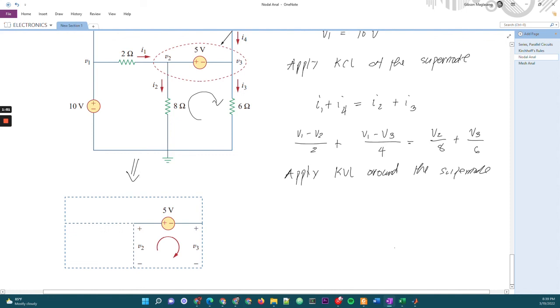So this is the portion where we apply KVL. Take note, it is short-circuited. There is no resistor value. It's just the voltage there, which is V2, and the voltage here is V3. So applying KVL, we get V2 minus 5 volt minus V3 equals 0.